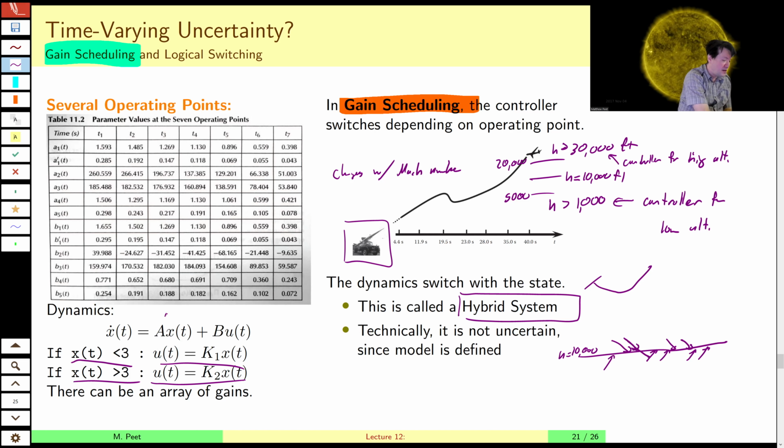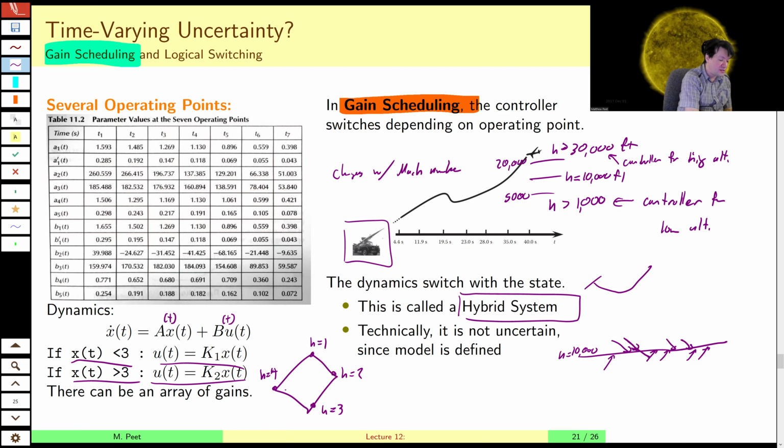So you can think of A of t and B of t as time-varying, and they can vary within any of our set points here: one for h equals 1, one for h equals 2, one for h equals 3, one for h equals 4, and so forth. And so you might model this as polytopic time-varying uncertainty.